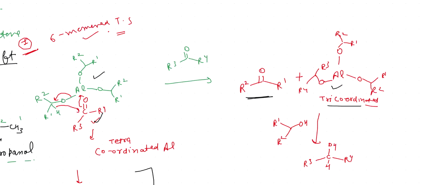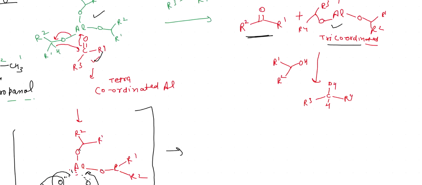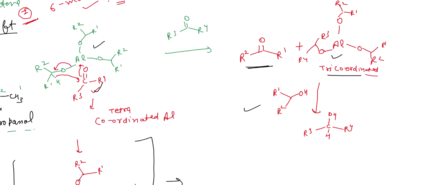Now the next is the role of solvent, that is alcohol. You are using isopropanol here. This isopropanol will exchange its H positive, and this oxygen will again attack the aluminium.